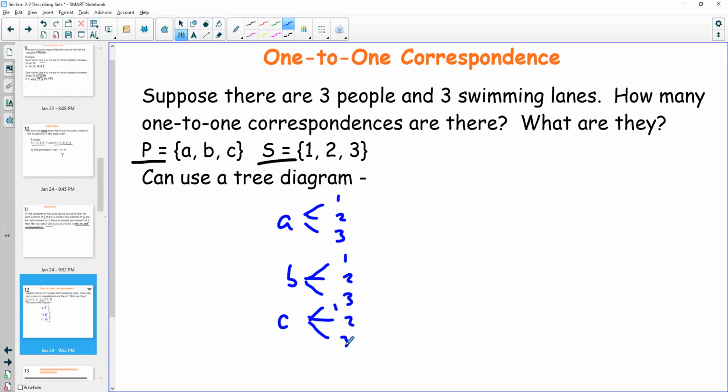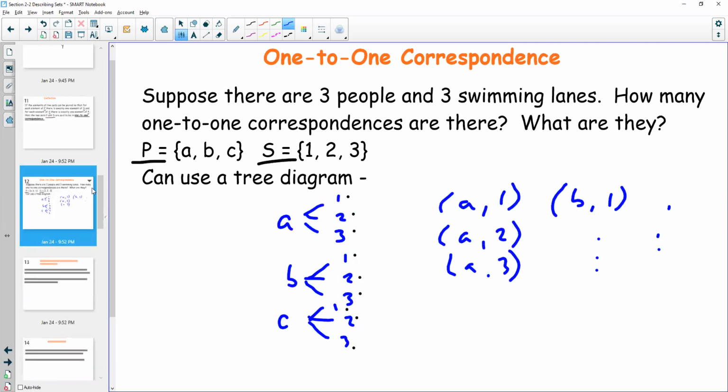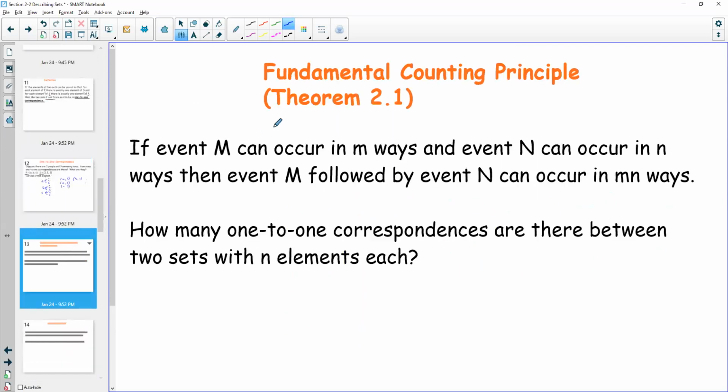The other way to think about this is you can write them in pairs. A would be paired with 1, A could be paired with 2, A could be paired with 3, B could be paired with 1, and so on. You get the idea. So we would be making, let's see, 1, 2, 3, 4, 5, 6, 7, 8, 9. Okay, 3 people, 3 lanes.